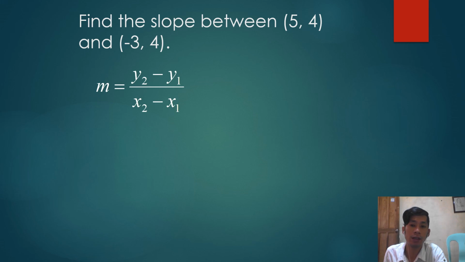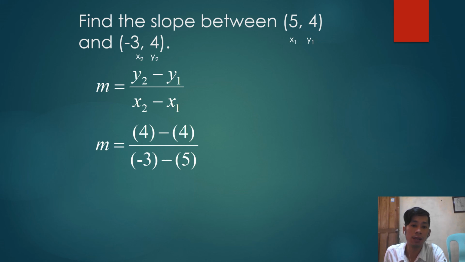So let us have another example. By substitution, we replace each variable by numbers or coordinates. So let's replace y sub 2 by 4, y sub 1 by 4, x sub 2 by negative 3, and x sub 1 by 5.